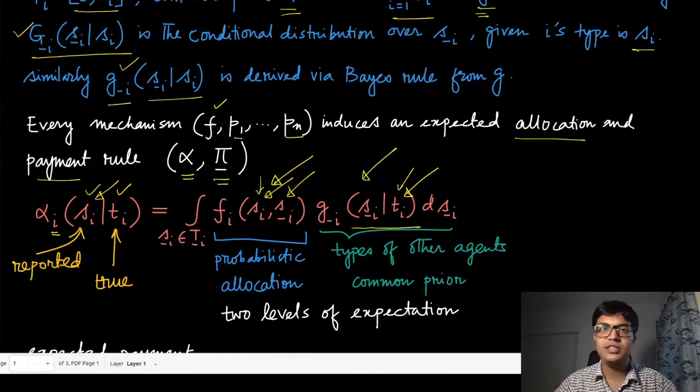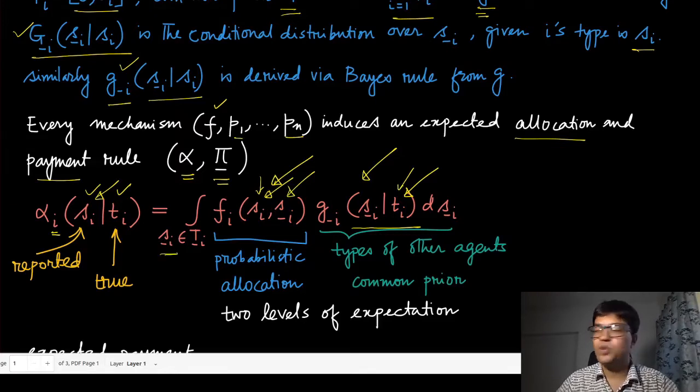The agent has a belief based on G minus I, the common prior, and it is taking the expectation with respect to that belief. So that is another randomization, how these S minus I's are getting generated in agent I's own mind, and we are taking the product of these two different probabilities and then taking the expectation over these S minus I's.